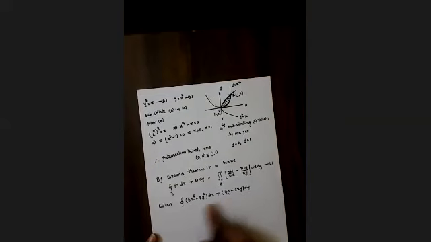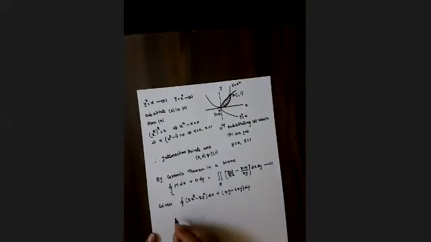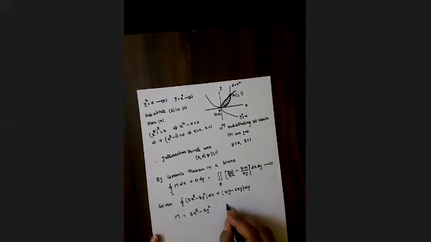Comparing with M dx plus N dy, the dx coefficient is capital M, which is 3x² minus 8y², and capital N is 4y minus 6xy. Find its partial derivatives.